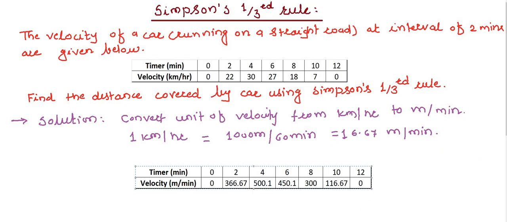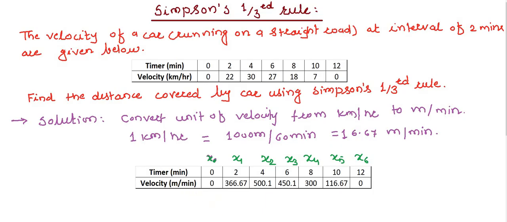When we observe this, in this problem we take time as x and velocity as y. So this one is x0, this one is x1, this one is x2, this one is x3, x4, x5, and this is x6.